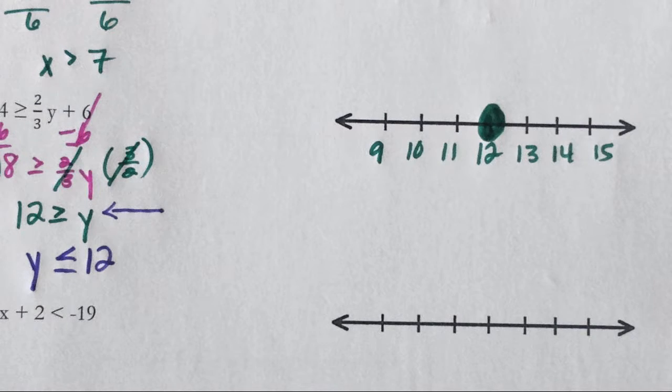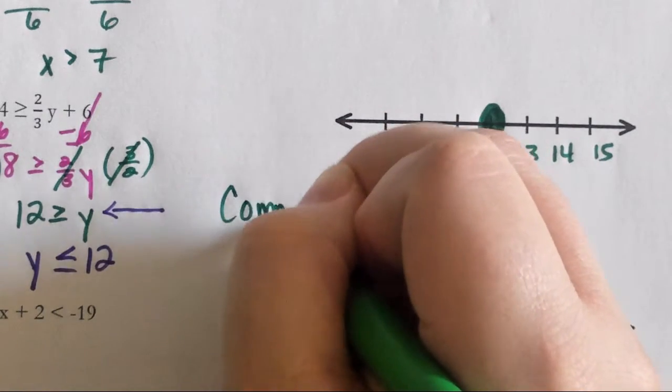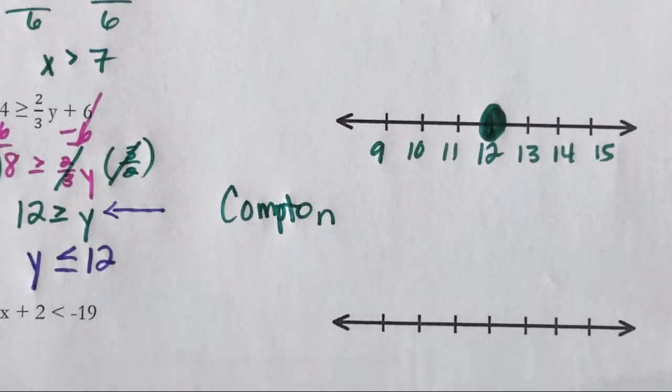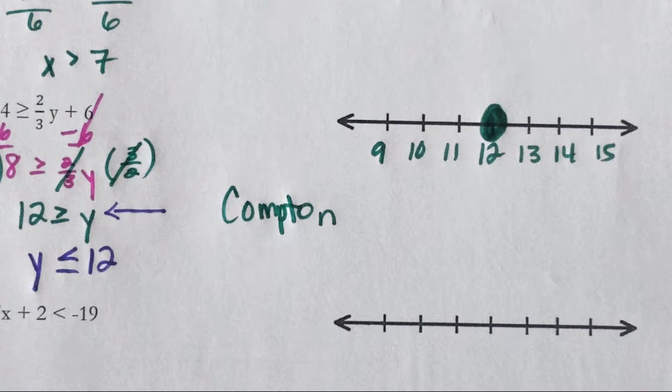When you read this backwards, like seriously, if you read my name backwards, would it not be Notpmoc? Can you read my name backwards, the letters backwards? If you read this backwards, is it not y is less than or equal to 12? Well, I guess technically if you read it fully backwards, it would be y is less than or equal to 21. Is it okay if we just leave it like that?